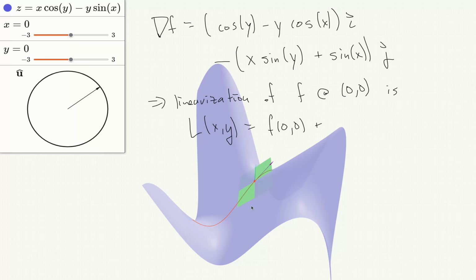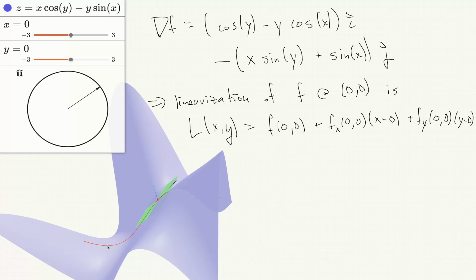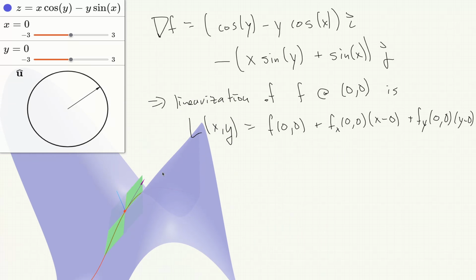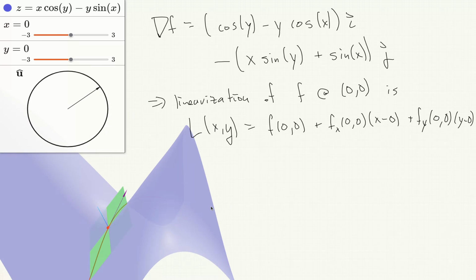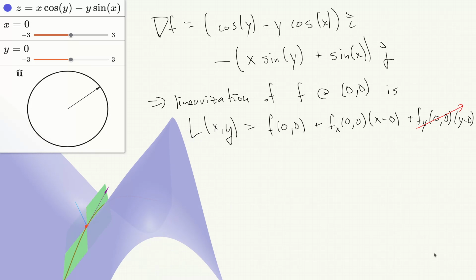So plus fx at 0, 0 times x minus 0, plus fy at 0, 0 times y minus 0. Well, fy at 0, 0 will be 0, and fx at 0, 0 will be 1. So the linearization at 0, 0 is just L of x, y is equal to x.